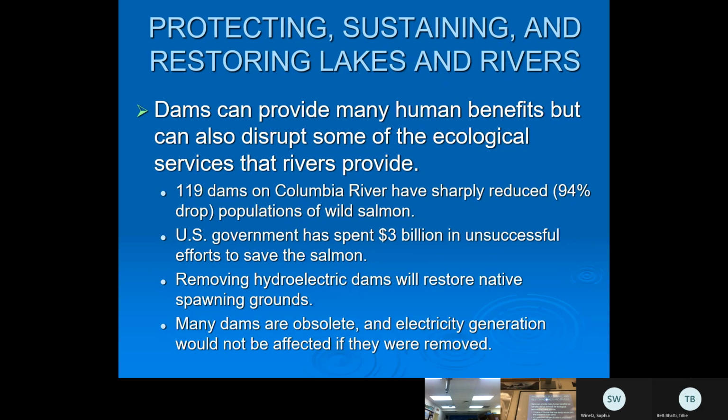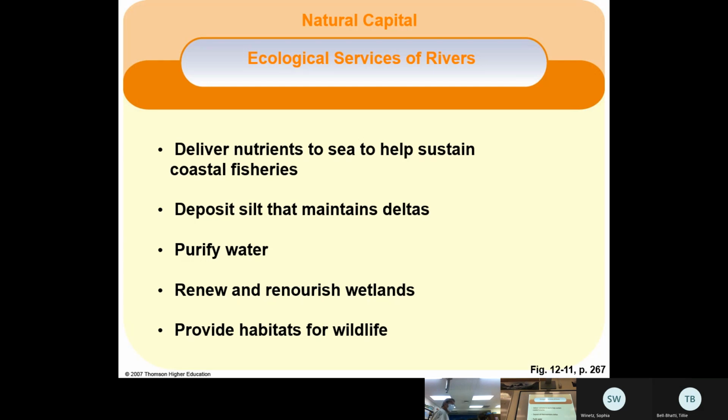But they also have this negative of turning a river system into a lake, which impacts the organisms that were adapted to the river. So on the Columbia River, we've seen a 94% drop in the population of salmon. Here's some of the ecological services they provide.